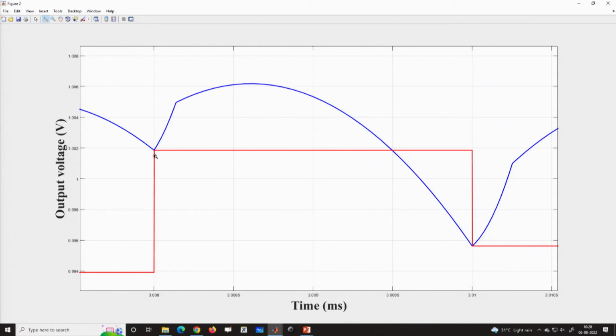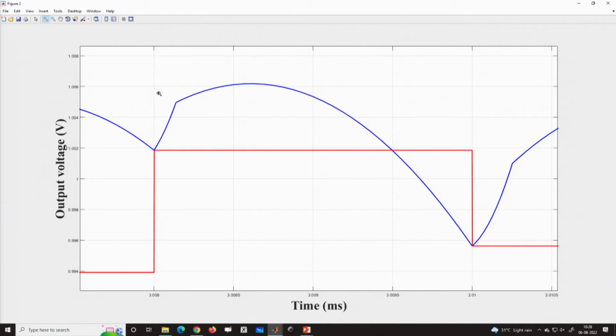But in digital control, the output voltage is locked. Inside the digital controller only the red waveform will be available. All this ripple information is lost, it is not reflected inside, you are only taking the sample. That is why there is a subtle difference between the point of sampling and the point of switching. The voltages are different, and that will cause a difference in the response between analog control and digital control.